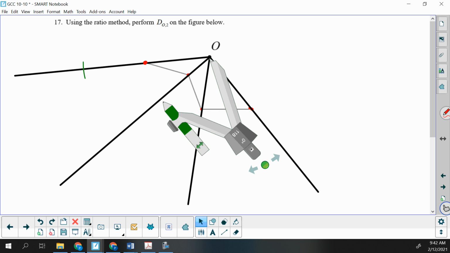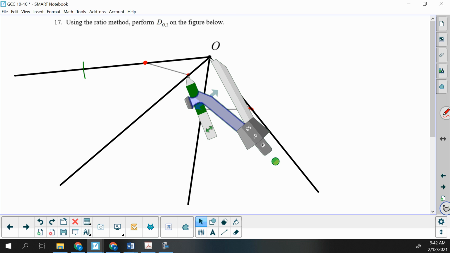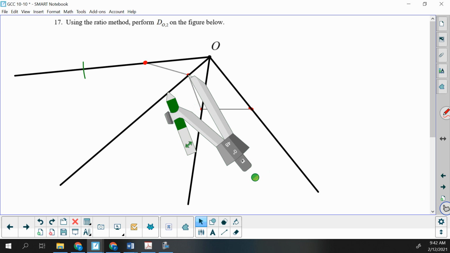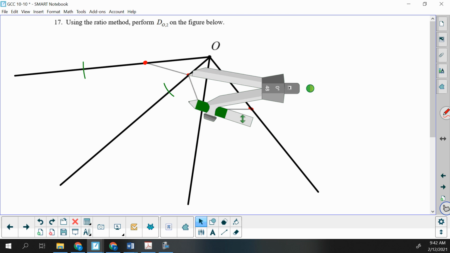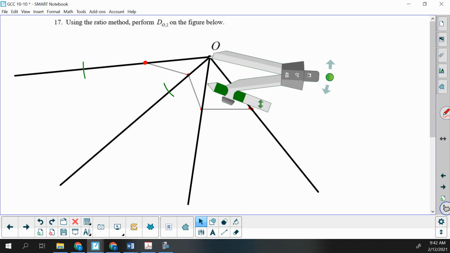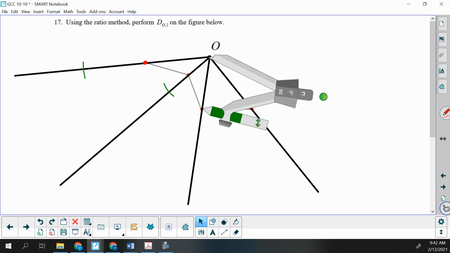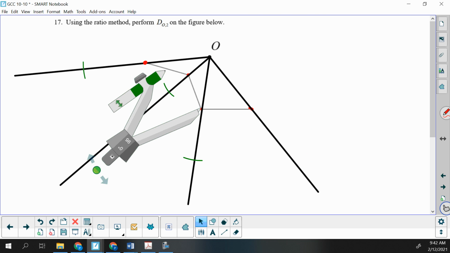Go back to O. Measure off where the point is. Measure off another one. Now we have 2 of them. Point on O. Pencil on the other point we wanted. Move your compass, mark off another. So now it's showing the scale factor of 2.